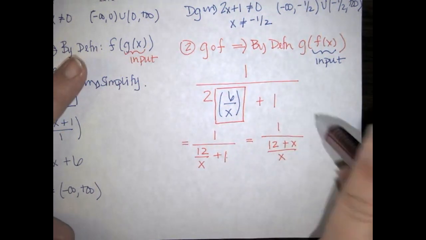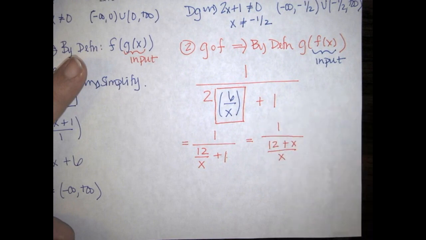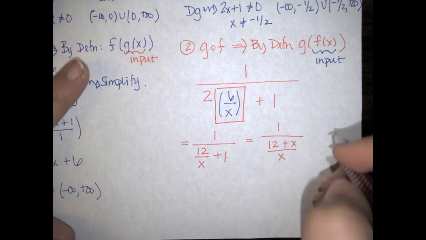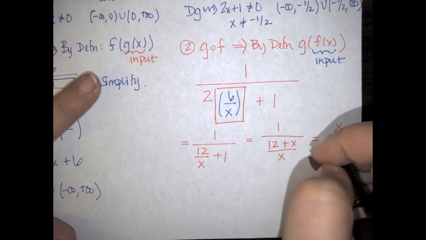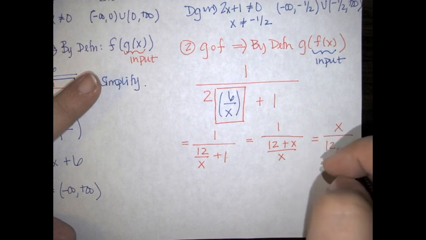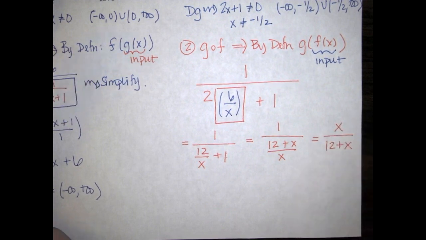And then again, keep the top, multiply by the reciprocal of the bottom, which means that this is going to become x over 12 plus x.